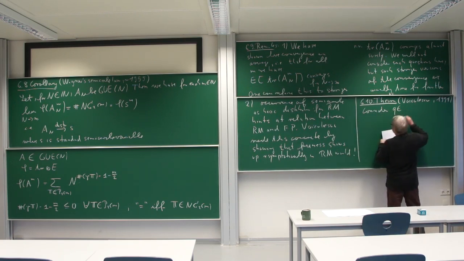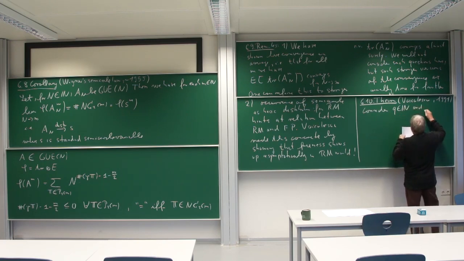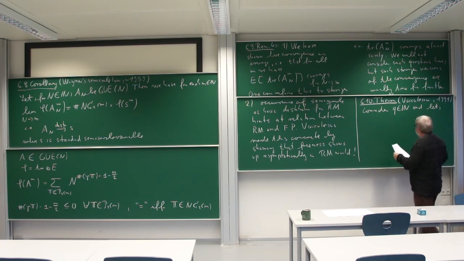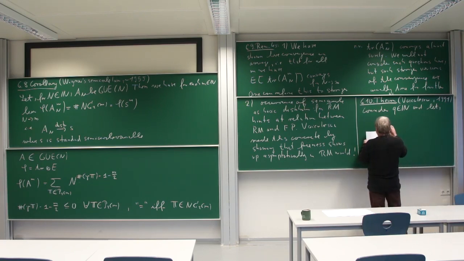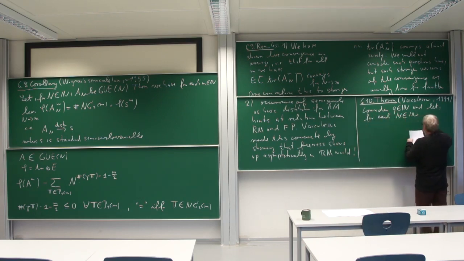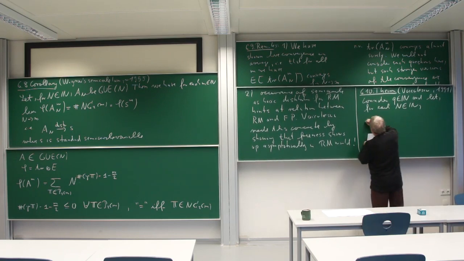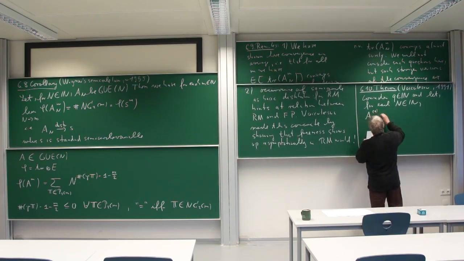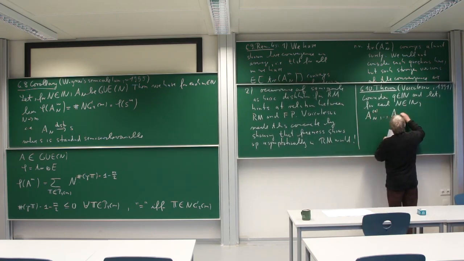Okay, so now we consider not only one Gaussian random matrix, but let's say q of them. And again, for each n, for each size, we have one of them. So we consider A_n^(1) up to A_n^(q).